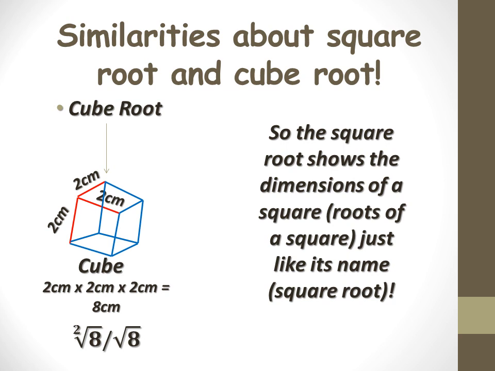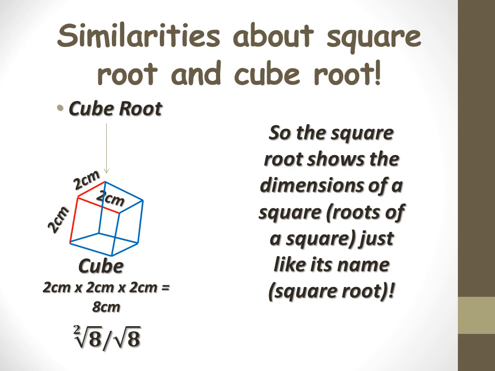Okay, now let's go to the cube root. Now, cube root. The square root has a 2 above it. The cube root has a 3 above it. I'm sorry, I put down the 2 accidentally.